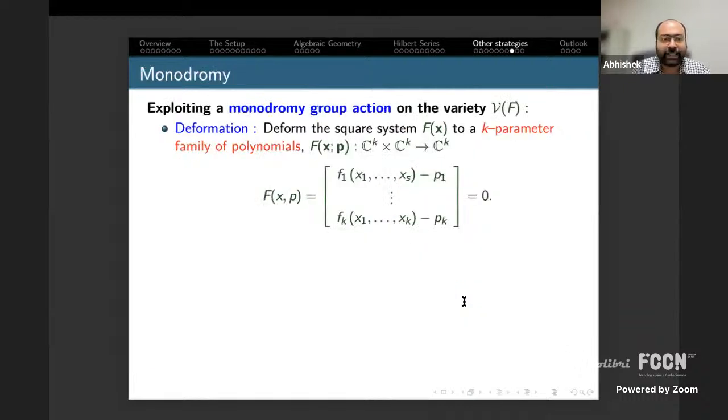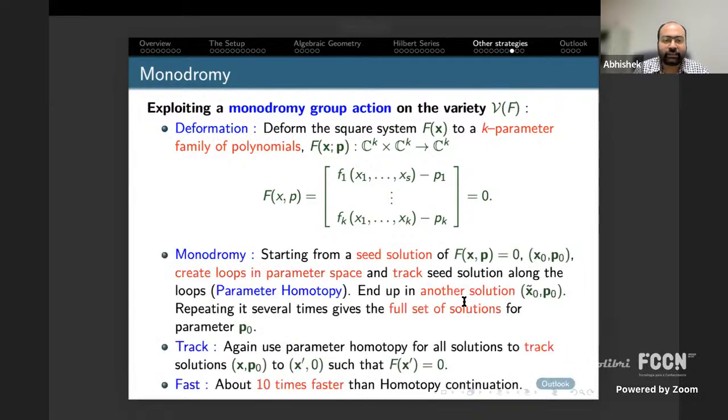So there are other techniques, and maybe I will just hint at this. There is something called a monodromy group action technique, which roughly says that if you have this system F1 to Fk to solve, you basically just deform it by some constant parameters P1 to Pk.